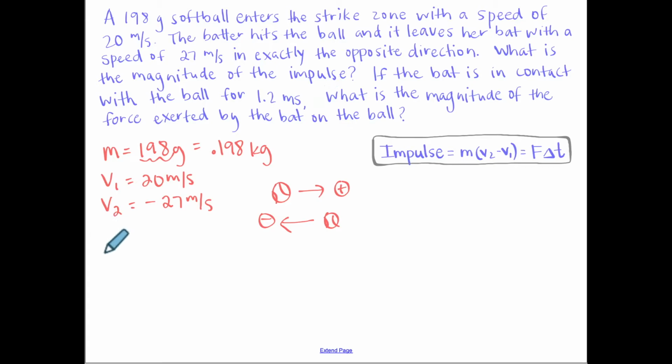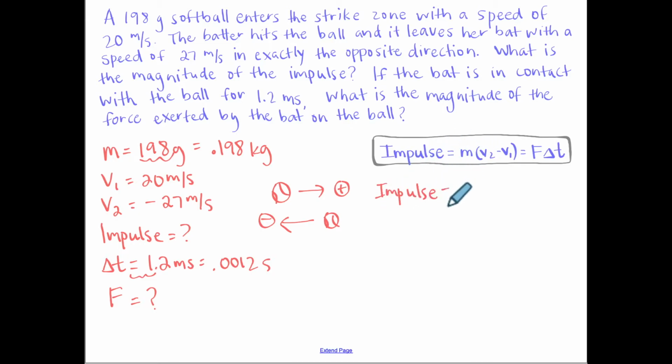We want to know the impulse, and then also it tells us a time segment for the contact with the ball of 1.2 milliseconds, which we'll need to change to 0.0012 seconds, and it asks for the force. So we are going to plug numbers in first to find the impulse. The impulse is equal to 0.198, which is the mass, times the V2, which is negative 27, minus the V1, which is 20.